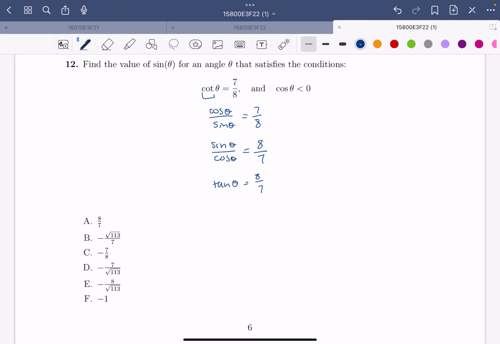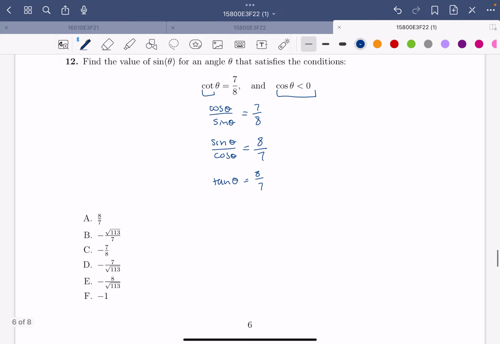However, there's another set of conditions we need to pay attention to. So, look at this, cosine of theta is less than 0. If we draw our lovely coordinate plane, we'd see that cosine is less than 0 means that it has to be in the second and third quadrant, because that means that x is less than 0.